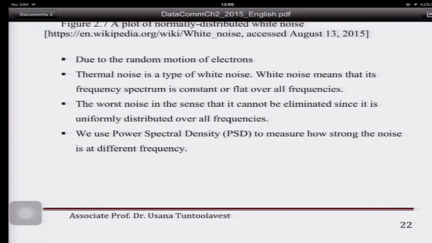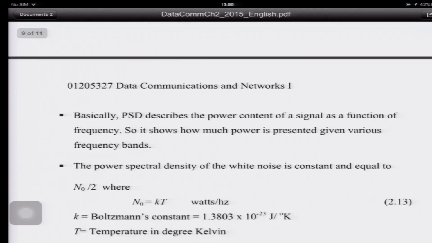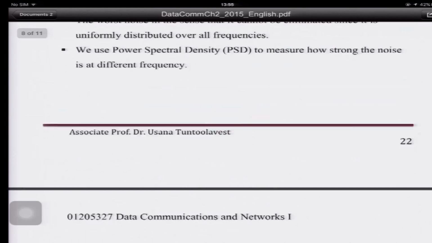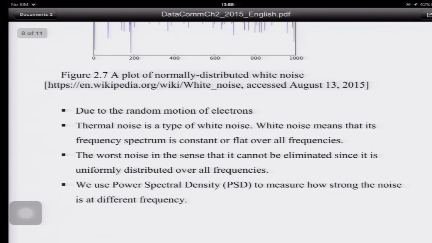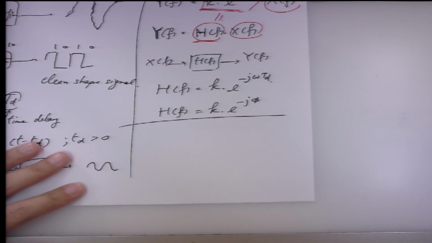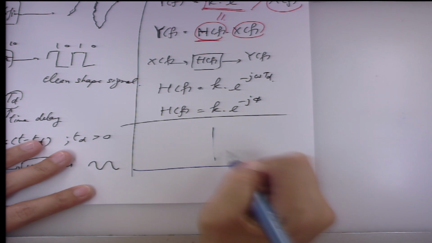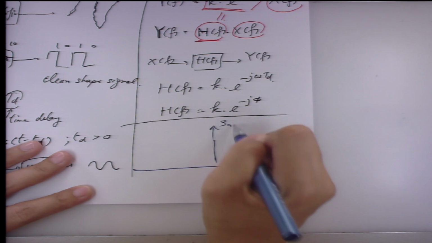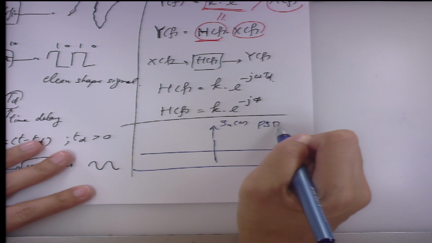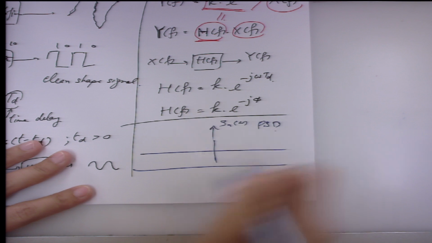So all the frequencies have the same spectrum value for this noise, so it is called white noise. We can look at this. We don't have it here. So white noise will be like this. We will have the PDF, PSD, power spectral density.